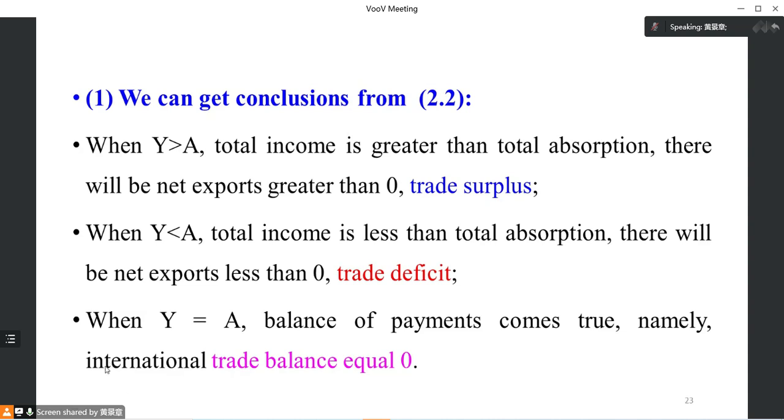At this state, the current account, or trade account, becomes balanced and gets equilibrium.